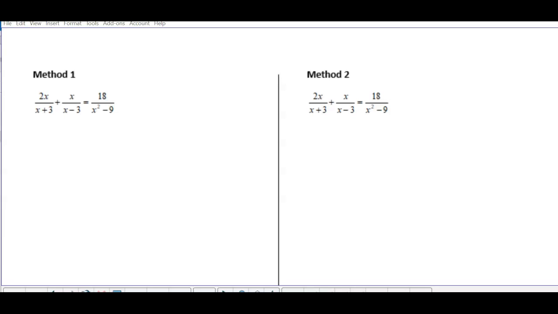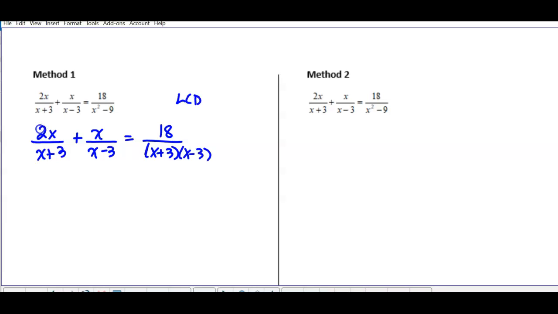Okay, so we're going to factor the right-hand side, which is x plus 3 times x minus 3. So that's your lowest common denominator.